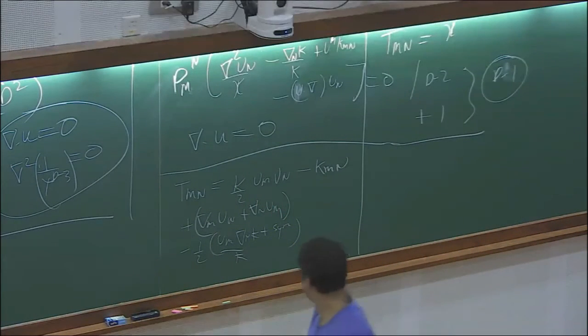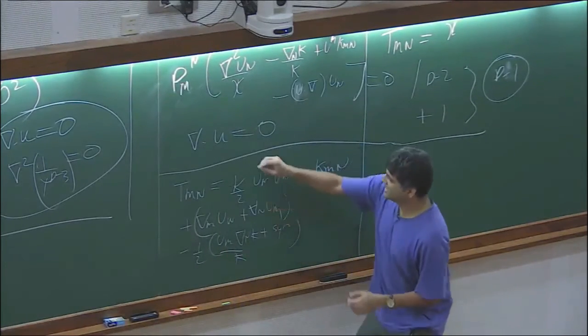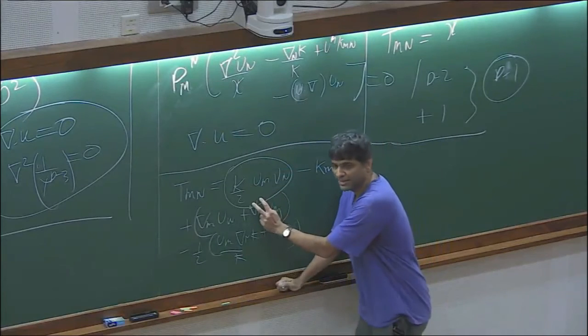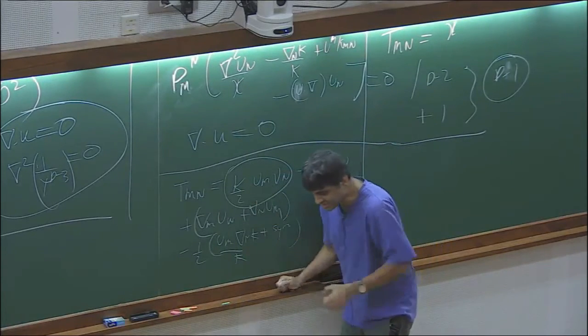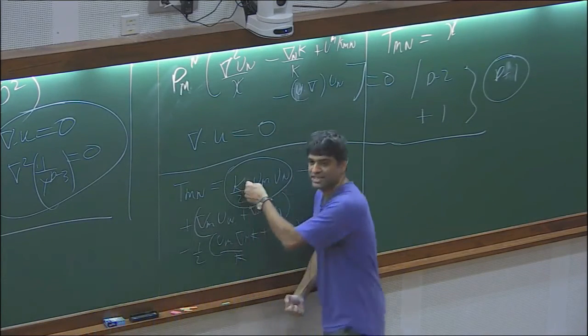Okay, what do I want you to take away from this stress tensor? This first term, which is actually the dominant term at leading order in large D, is the stress tensor of dust, moving along the generators of the event horizon, the density of the dust being given by the trace of the extrinsic curvature.